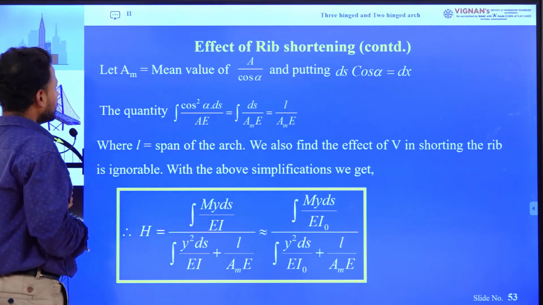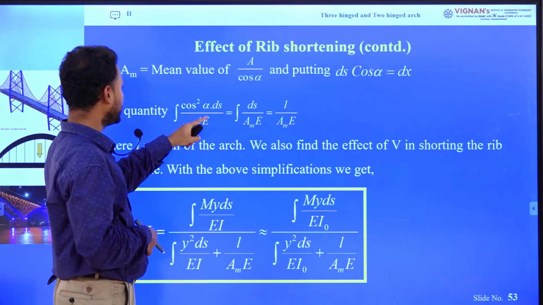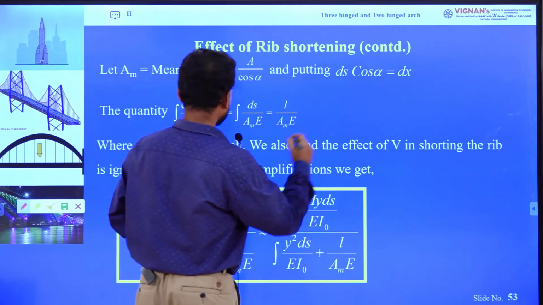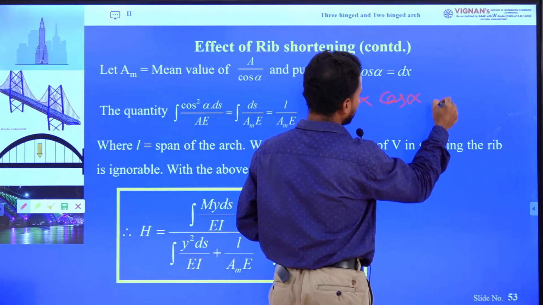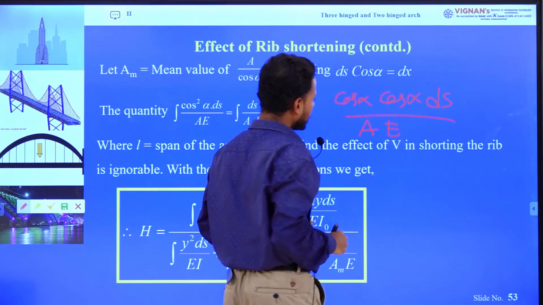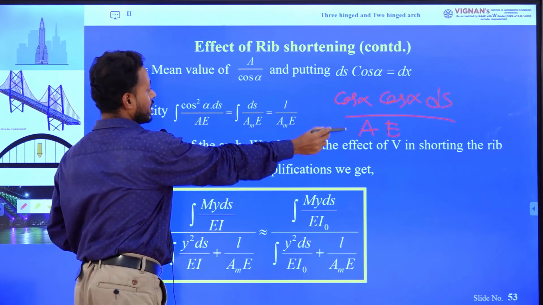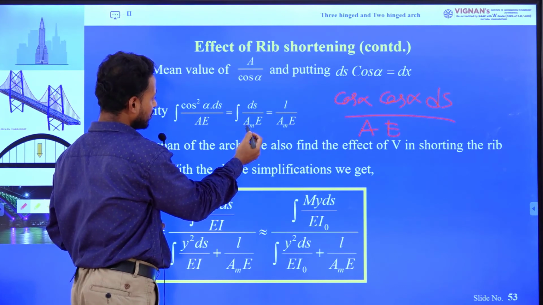Okay, so we have the quantity integration cos square alpha ds by AE. So I wrote it here cos alpha ds by A into E. A by cos alpha equals AM, so cos alpha by a equals 1 by AM, so I write it here 1 by AM.